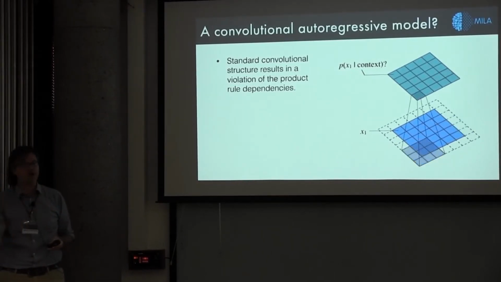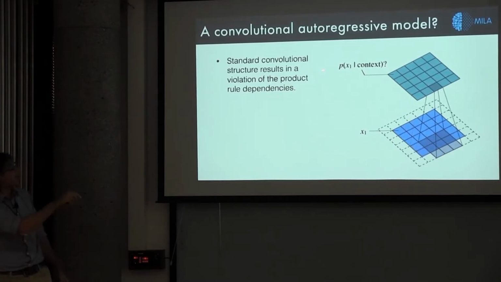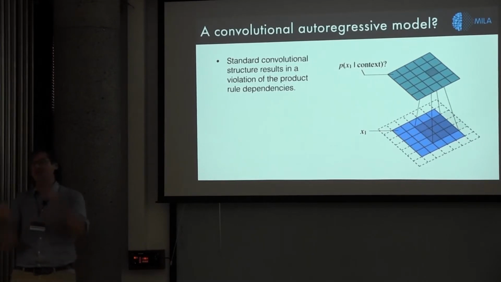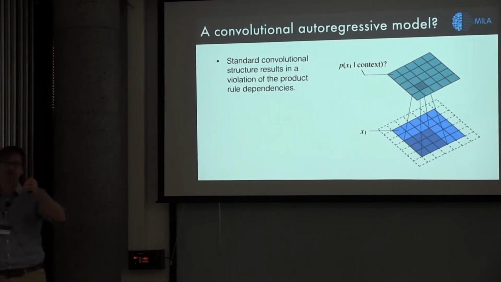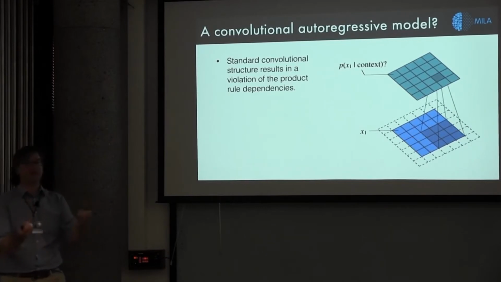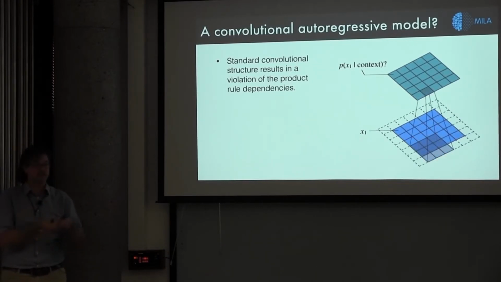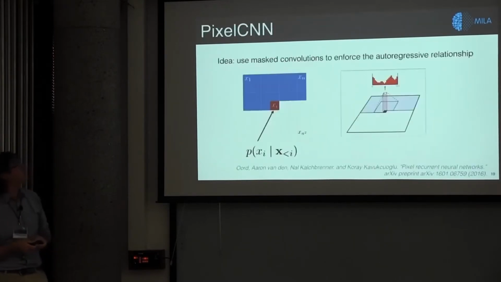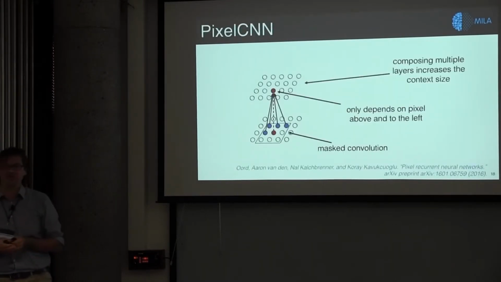Specifically, if we look at x1, which should have no context, the dependency that the ConvNet would give you includes this pixel and this pixel, all pixels that happen after it, given the ordering. So we have to add something to make this respect the autoregressive structure we need to define a proper joint probability distribution. And that's what's done with the PixelCNN model.